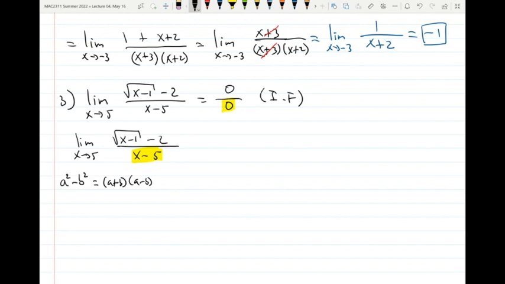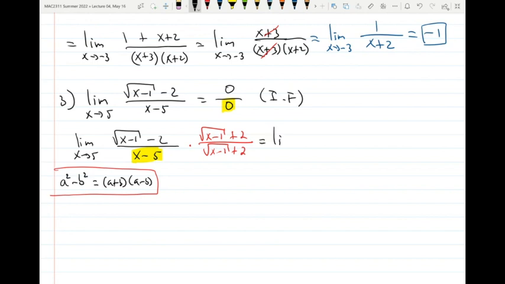I want to get rid of that radical. So that's the reason why we use this technique, okay? So if you have 0 over 0 and it looks like this, multiply by the conjugate. This could be on top or it could be in the bottom, doesn't matter. You do the same thing, okay? So the conjugate would be square root of x minus 1 plus 2. But remember, if you multiply on top, you also need to multiply the bottom.